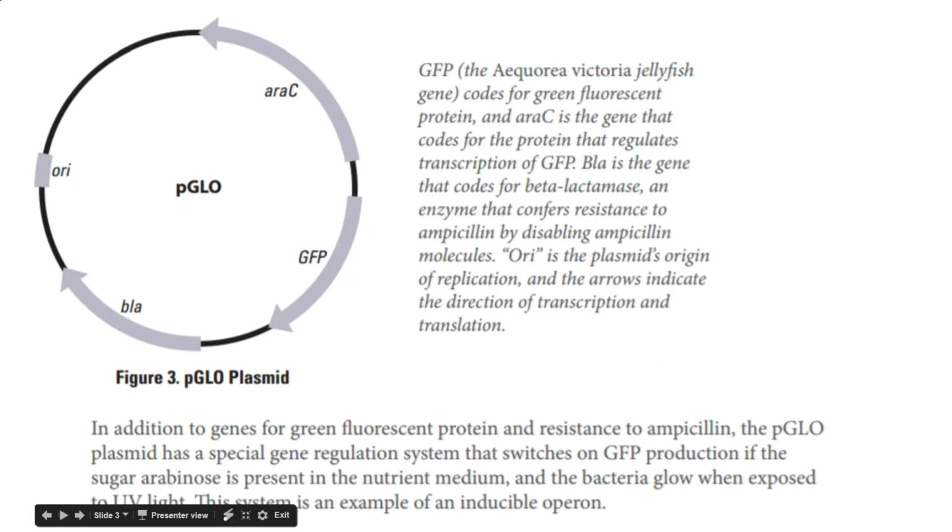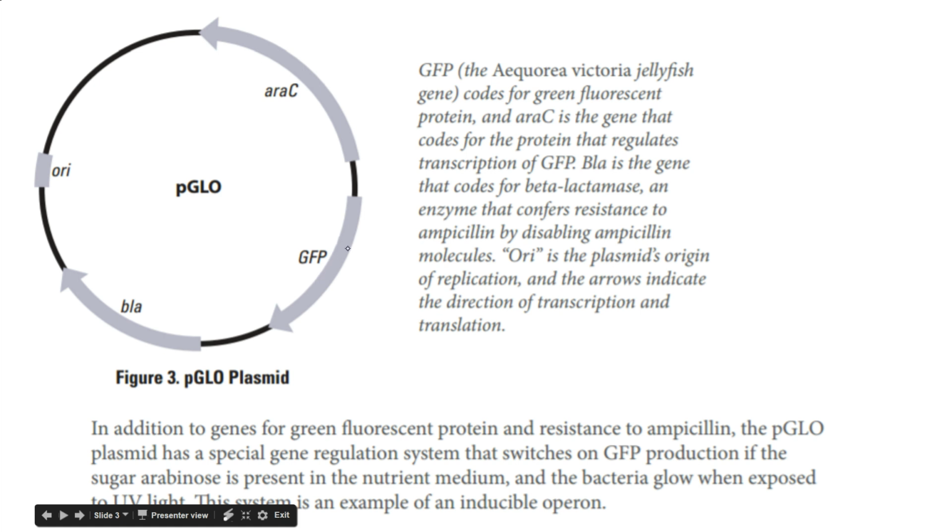So this plasmid is pretty special. The way this works, you have a gene here that basically is on. This gene right here is going to be making enzymes that are resistant to antibiotic, and the antibiotic we're specifically going to be resistant to is ampicillin. Now, this GFP is actually a gene from a jellyfish, and it's a green fluorescent protein.